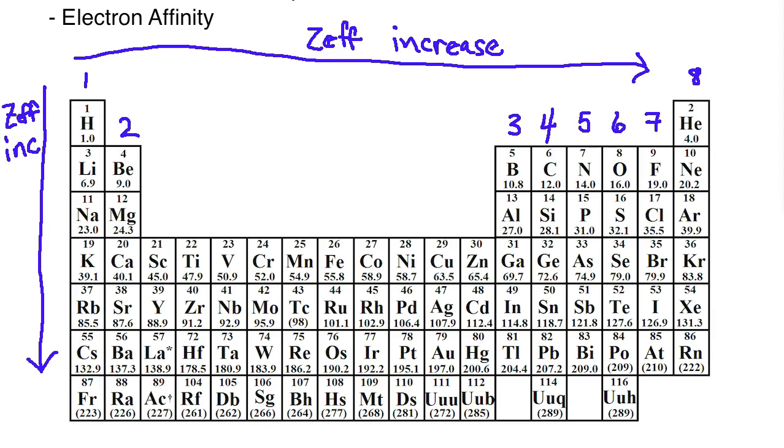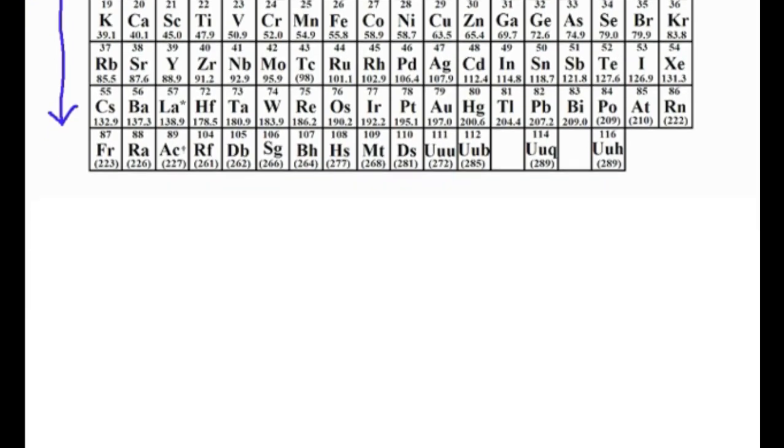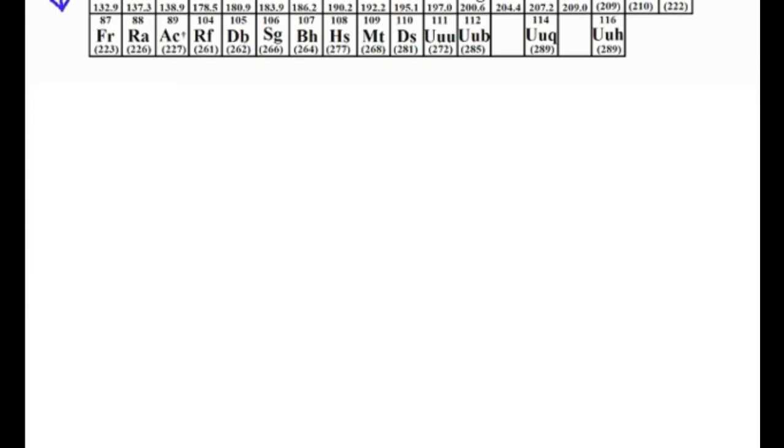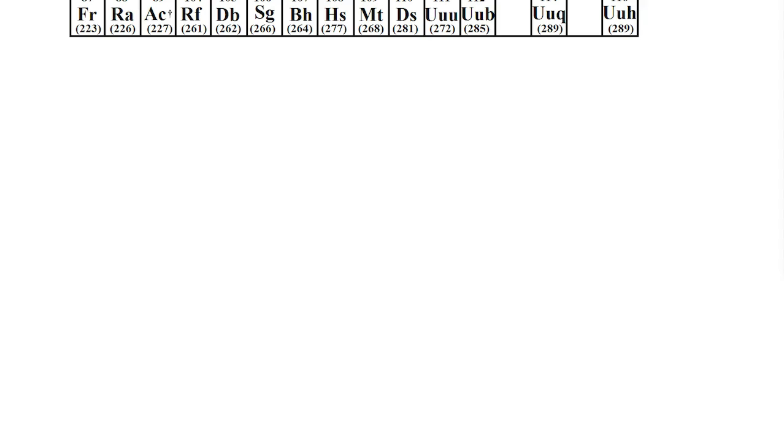So what I can say here is that when I look at lithium compared to beryllium, compared to boron, compared to carbon, so on and so forth, if I go across this entire row, lithium will have the smallest effective nuclear charge. All right, so let me show you what I'm referring to. Imagine if we wanted to look at lithium and then beryllium.